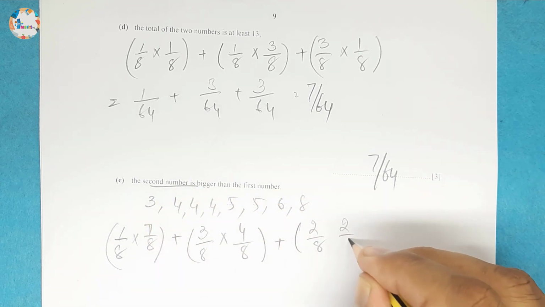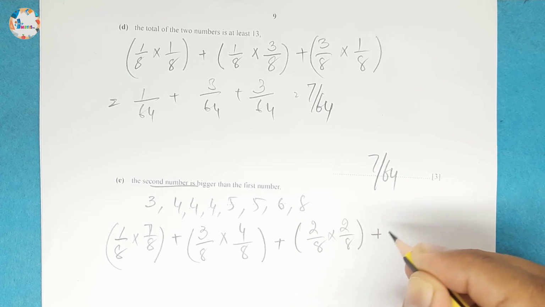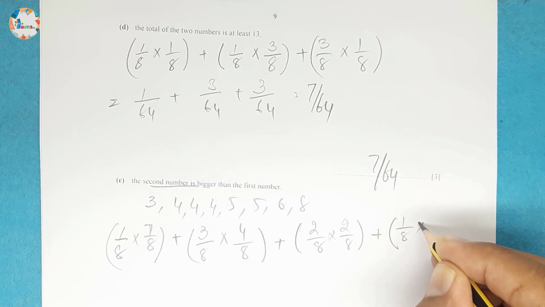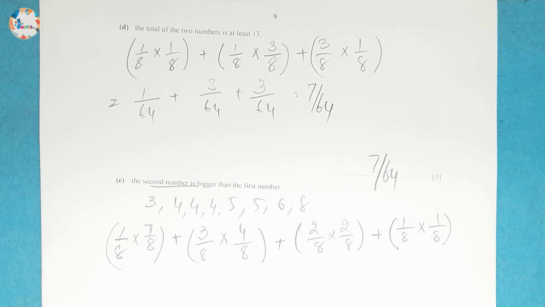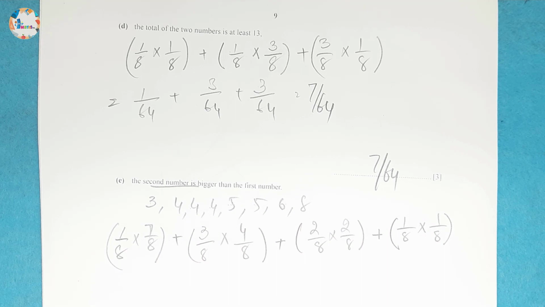And the last one is basically 1 by 8 and 1 by 8. This will be the last probability, which is basically for 6 and 3. So these are basically the 4 options.